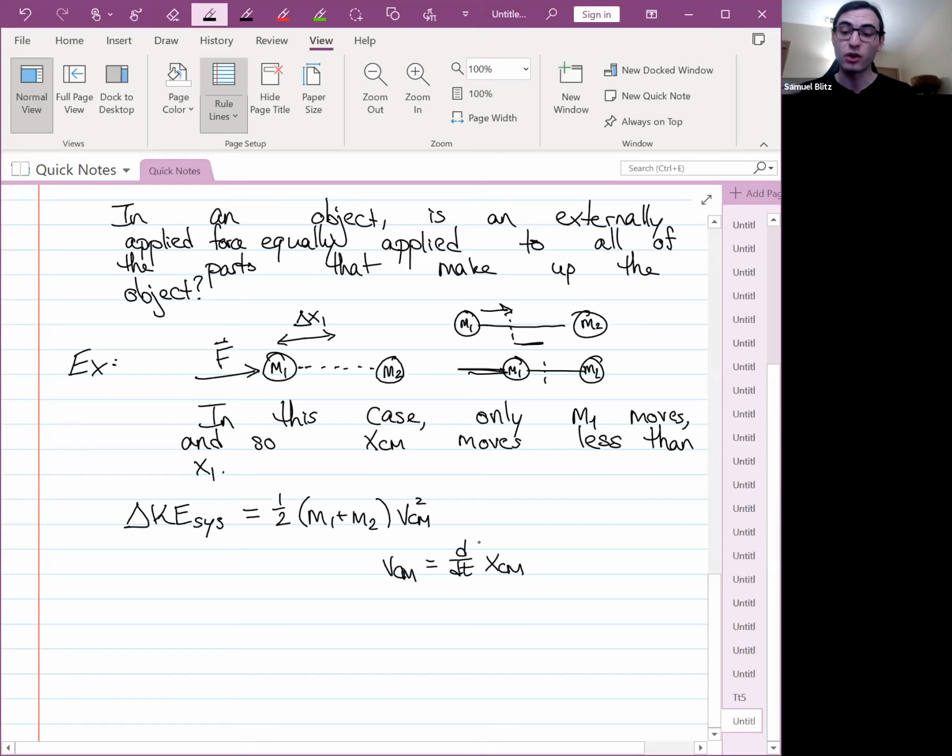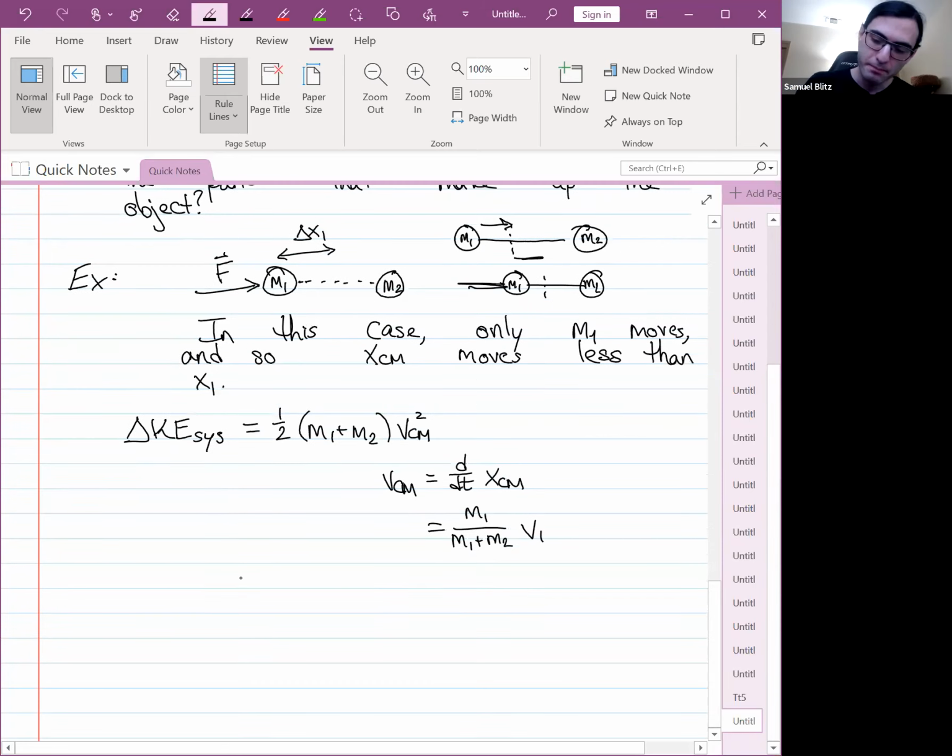In particular, because only mass 1 is moving, the only contribution to v_cm is from mass 1. So v_cm is really, and you can work this out and prove this to yourself, m1 divided by m1 plus m2 times v1, where v1 is the speed of mass 1.